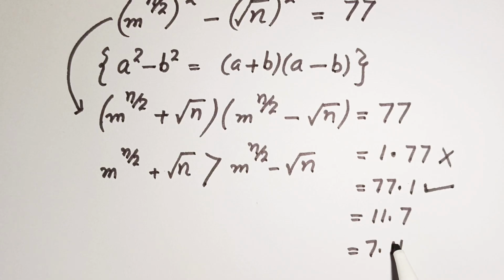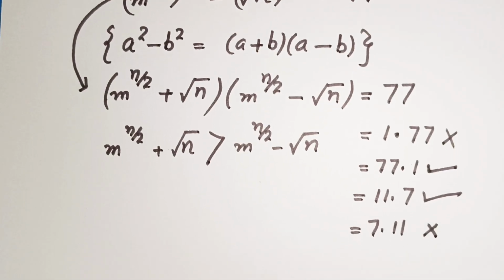In the next step, our case number 3, 11 times 7, so 11 is greater, 7 is smaller, it is also correct here. So 7 times 11 is rejected. So we have a total of 2 cases that we have done here.